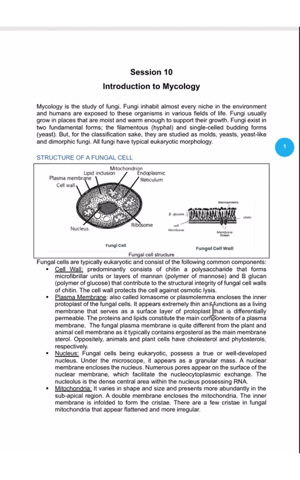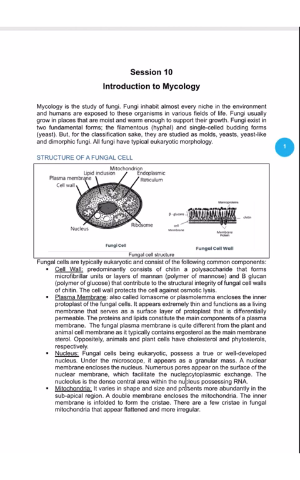So the type of lipid found in the plasma membrane differs between the three types of eukaryotic cells. So in the fungi it is ergosterol, and this is the main component of lipids found in the plasma membrane.